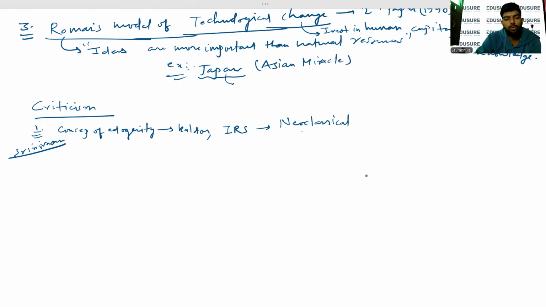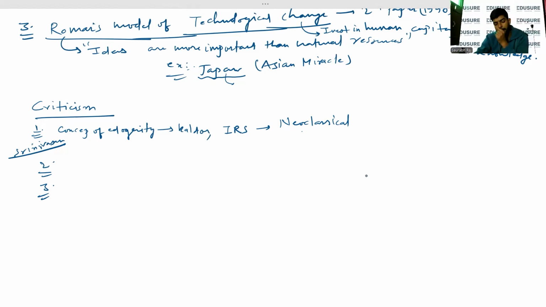Second, there is too much emphasis on human capital, and they neglect the role of institutions. Third, they basically gave two concepts, physical capital and human capital, but the difference between them was not clear.